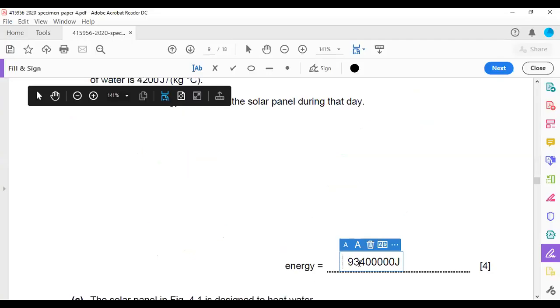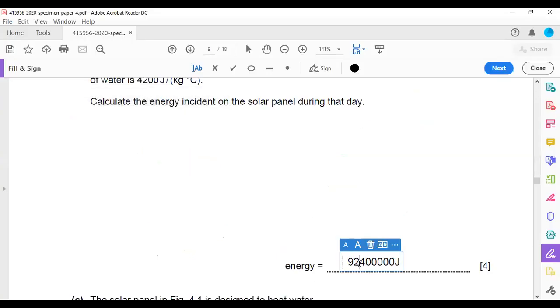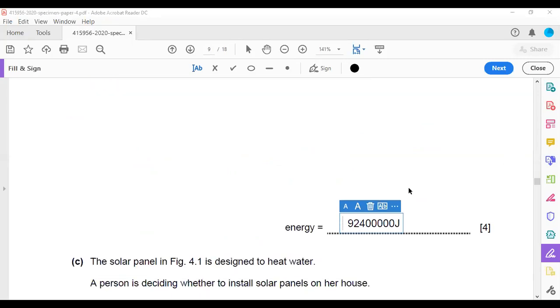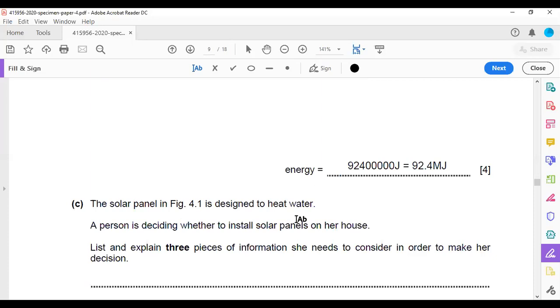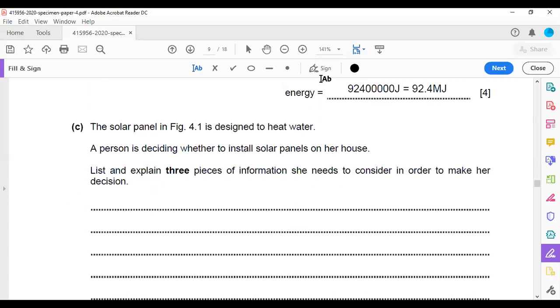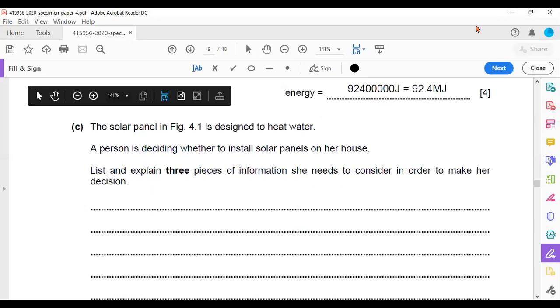So your answer should be this here. 924 with the zeros, well, it's the same thing as saying 92.4 megajoules. Alright, so everybody okay with that so far? Well, I've given it the working, so you see.